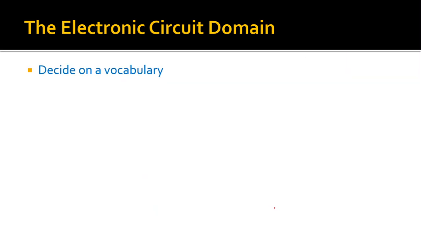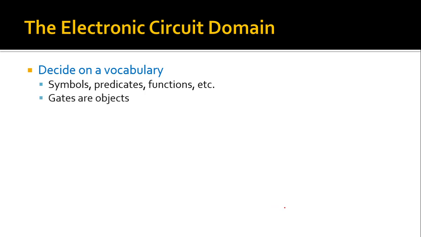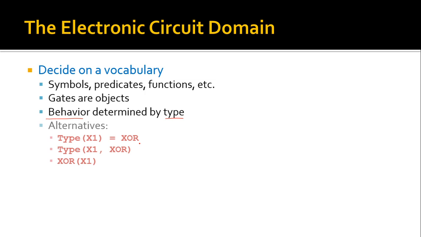Then we need to decide on our vocabulary, right? So the vocabularies, we need to define the symbols, the predicate, the functions, and other things. So we need to think whether we can model the gates as different objects, whether the type of the gates can be determined by their behavior.